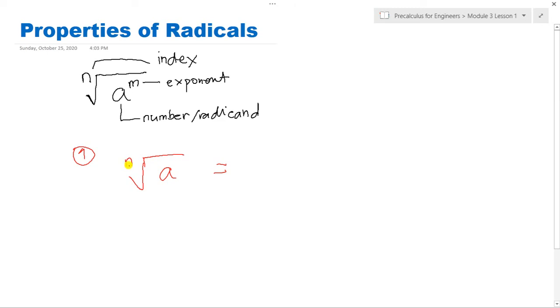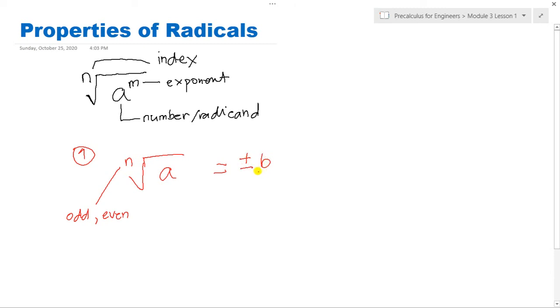It could be odd or even. So n could be odd, so pwede siya odd, yung hindi siya divisible by 2, or even or divisible by 2. So the answer here has two outcomes. The first outcome can be positive or negative b.